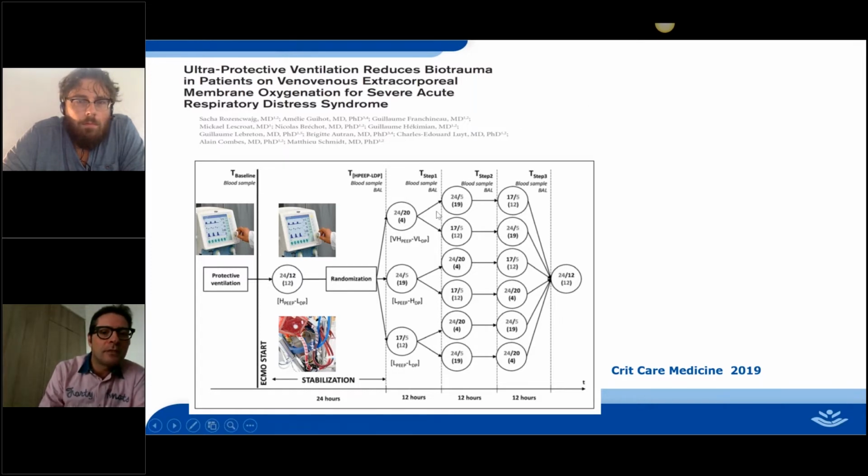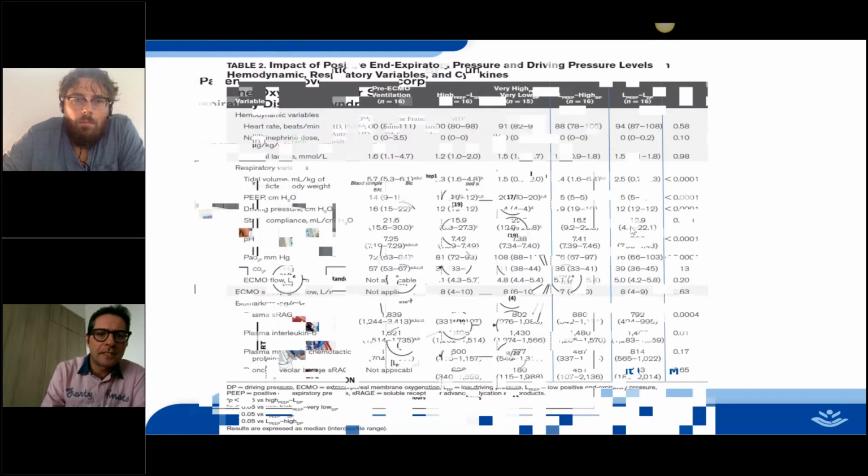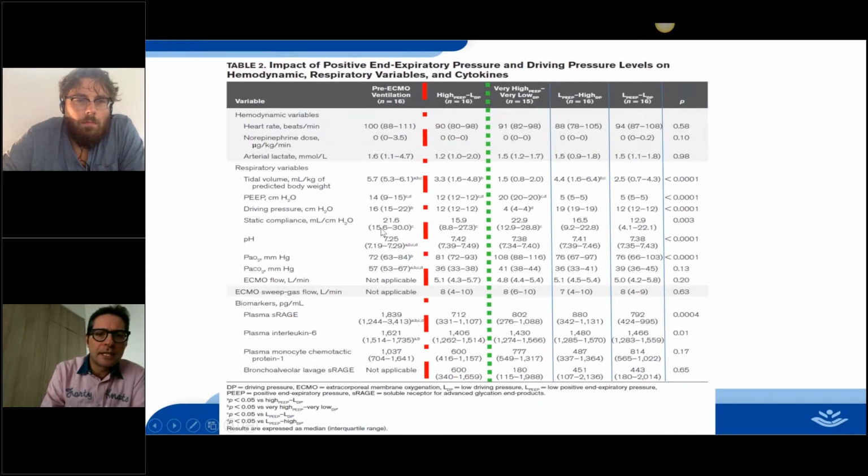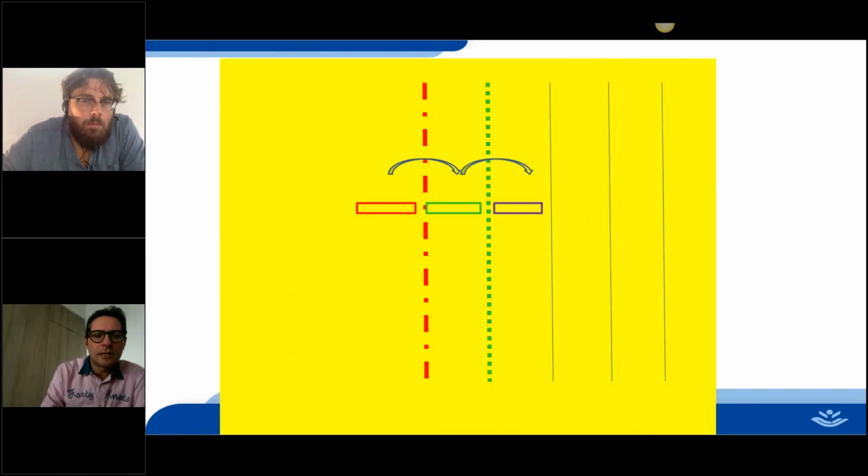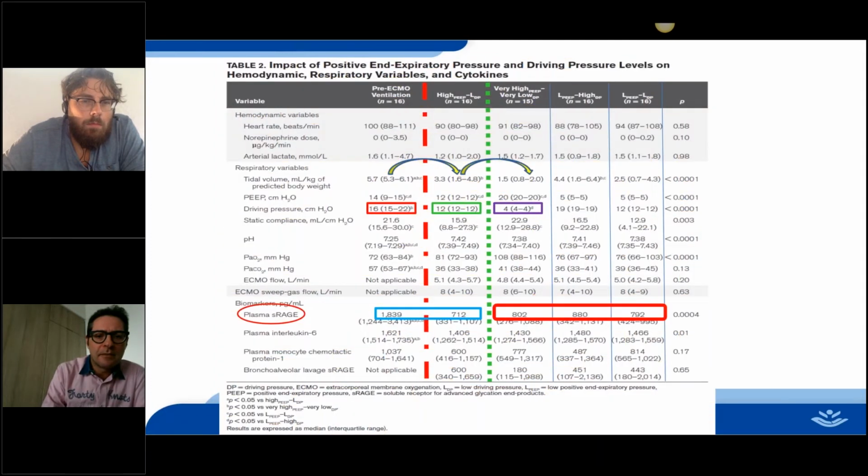And then they wanted also to understand, in terms of cytokines, the effect of reducing PEEP and driving pressure during the ECMO run. So if we see this part, pre-ECMO ventilation, so before going on ECMO, and then here in ECMO, what we can see is that we were able to reduce here the driving pressure as well as the tidal volume.